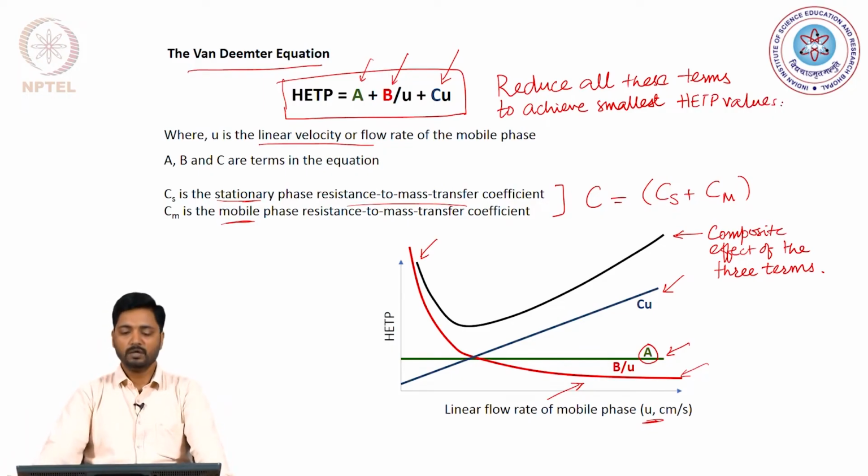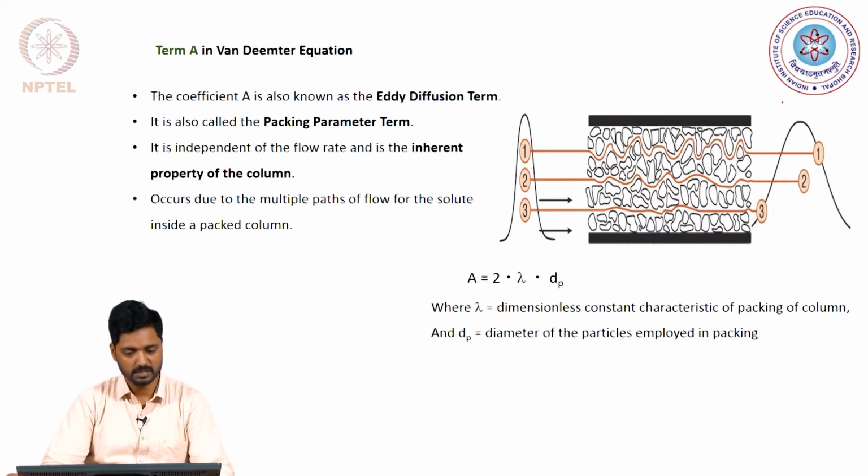So, we want all the three terms A, B by u and Cu to be smallest, so that we achieve the smallest plate height values. So, let us see what these individual terms are, and we will also understand how in chromatographic separations we can minimize these terms to achieve the highest efficiencies.